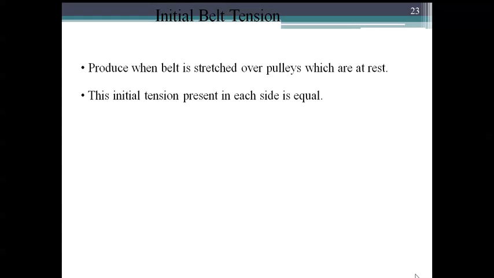So next one is initial belt tension. The belt is subjected to initial tension when it is stretched over a pair of pulleys which are at rest.